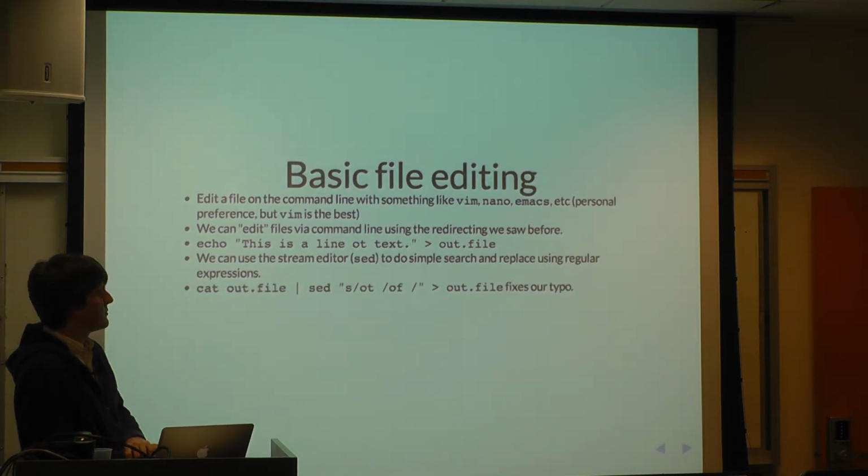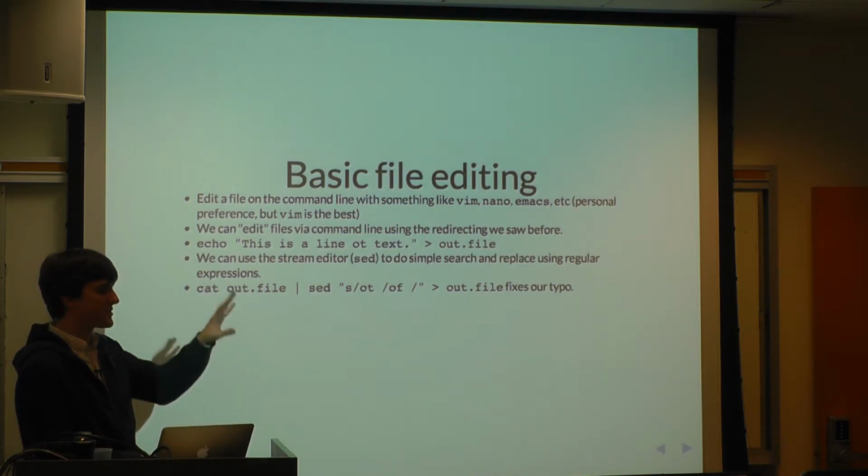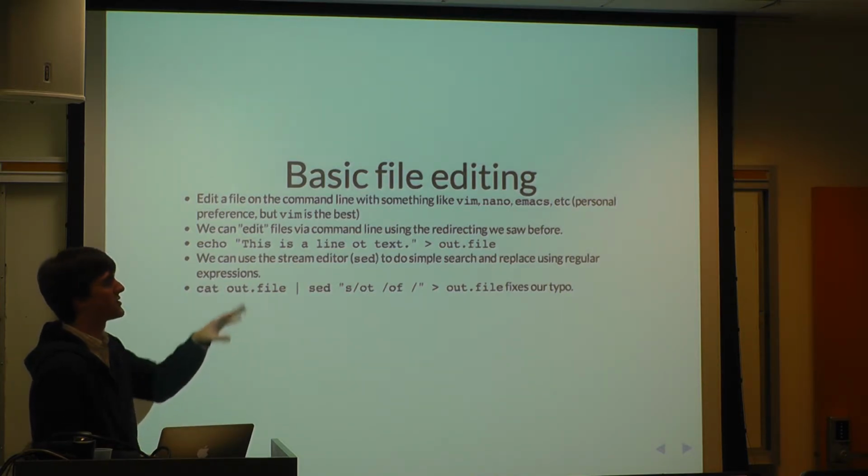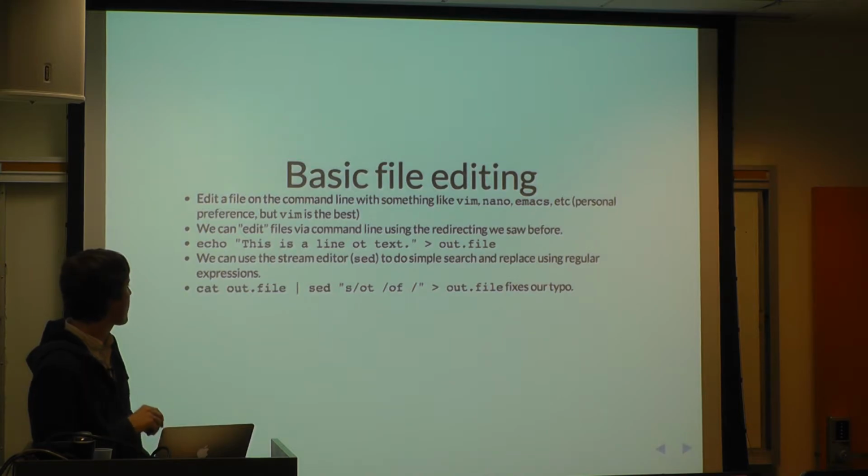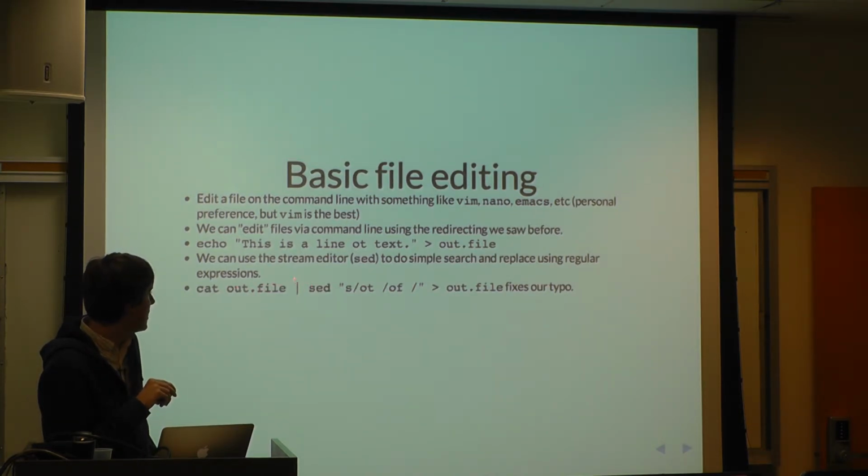So cat simply prints the contents of a file to the terminal. So we can cat out.file. Then we can pipe that output, which is this string, to sed. And then we can do a search and replace using regular expressions.